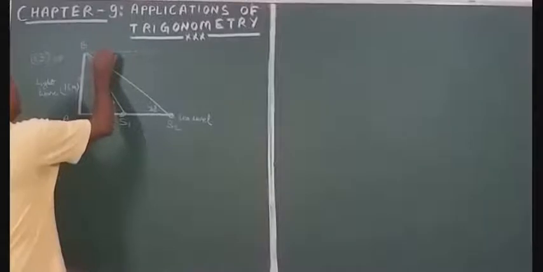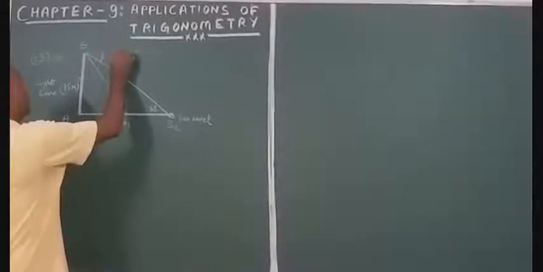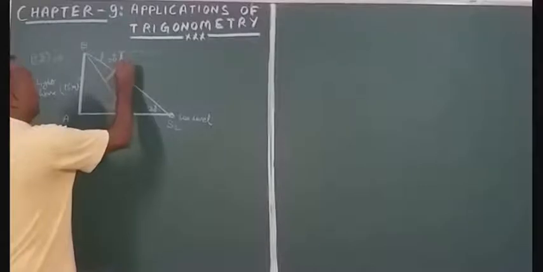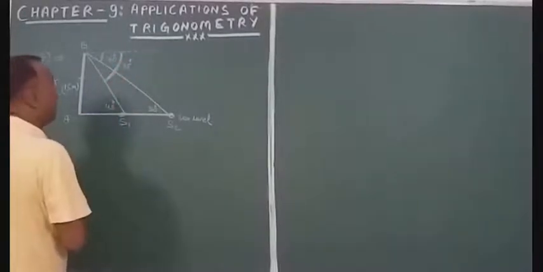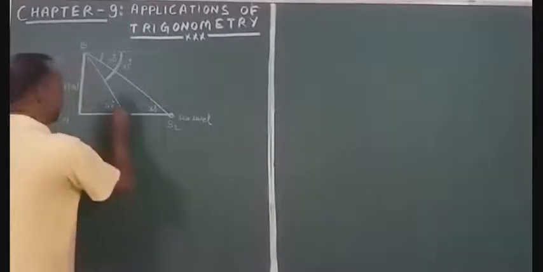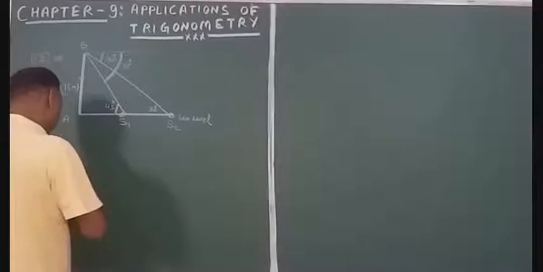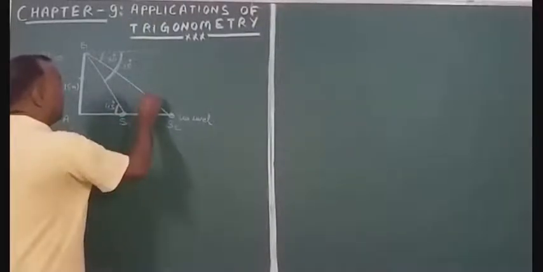This was the angle of depression, 30 degree, and this one 45 degree. This angle will be equal to this one because they are alternate interior angles. Is it okay?